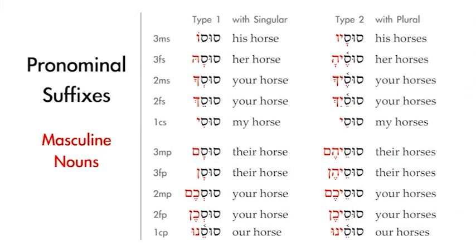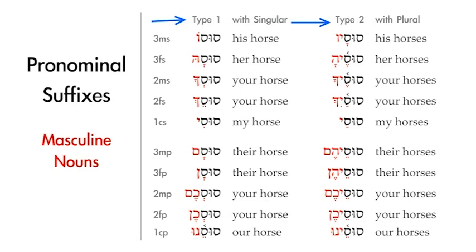Let's look at how pronominal suffixes are attached to masculine nouns. On the screen, you'll see two paradigms of pronominal suffixes attached to the noun sus, meaning horse. In the left column, we're going to see pronominal suffixes attached to singular nouns, and in the right column, we're going to see pronominal suffixes attached to plural nouns. Let's work through some of these together to see how they work.